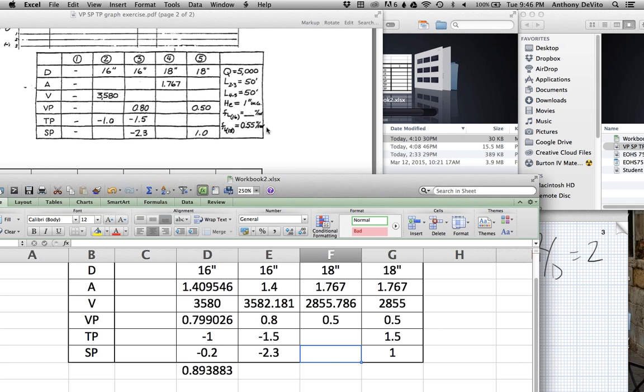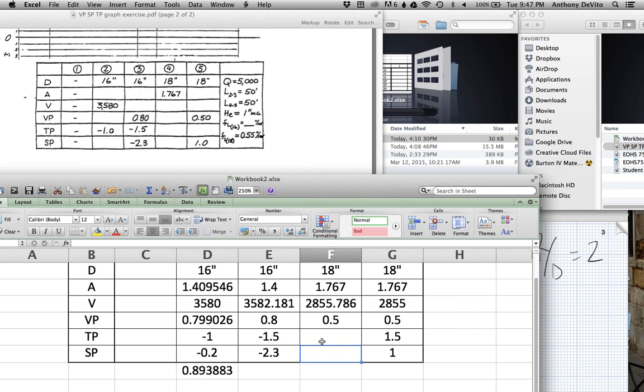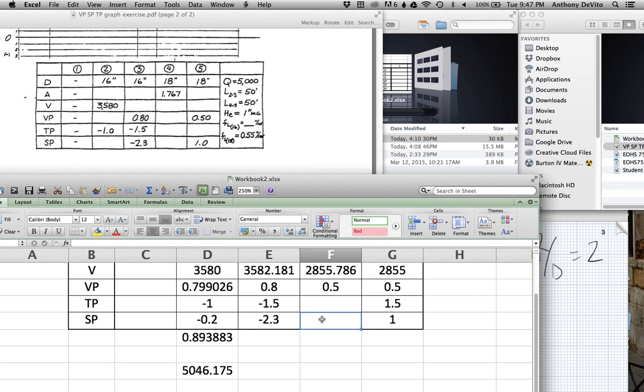We're going to lose half of that 0.55, right? Which is roughly 0.27, let's say. Am I right? Yeah, 0.27. So roughly 0.27 inches is going to be a loss in our static pressure. So this is going to be equal to 1 minus 0.27.